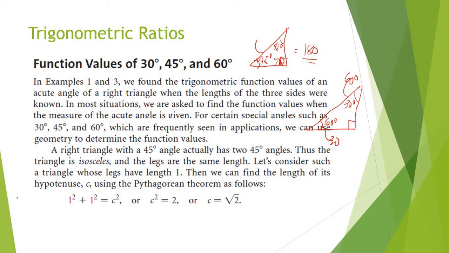So in the Pythagorean theorem, it follows here that your c squared is equal to 2, if you have a triangle. Like for example here, a triangle, the opposite is 1 and the adjacent is 1. For example, this is theta. If your opposite and your adjacent are 1, therefore your hypotenuse is equivalent to square root of 2. So later on you will know that one.